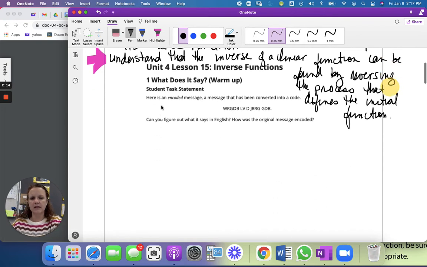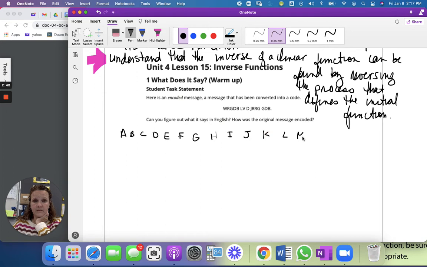So here is an encoded message, a message that has been converted into a code. Can you figure out what it says in English? How is the original message encoded? Okay, I'm terrible at these. I know if I looked at the alphabet, I could figure it out.